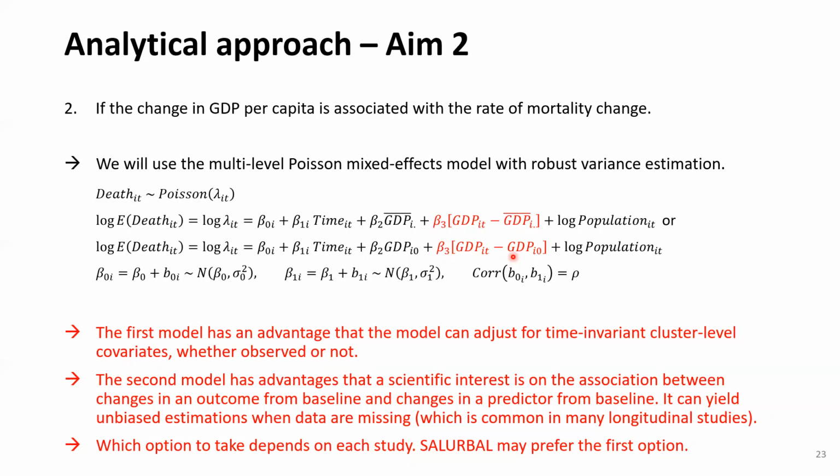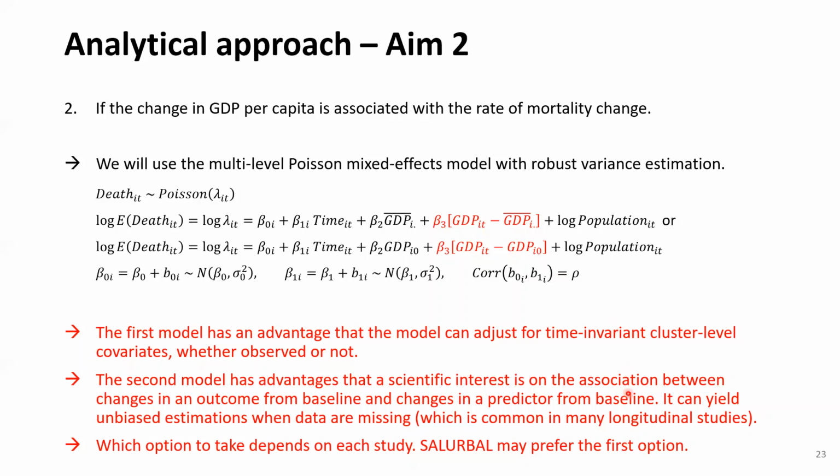In aim one, we did analysis using GDP in 2005, which is the initial year. So when we want to compare the results between aim one and aim two, maybe we should use the second model, because we are referring to the same time point.